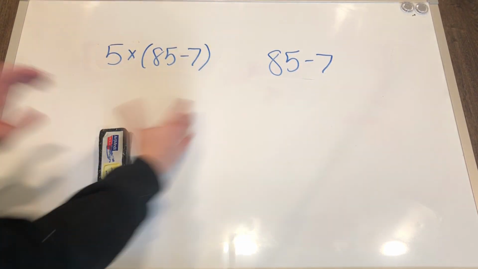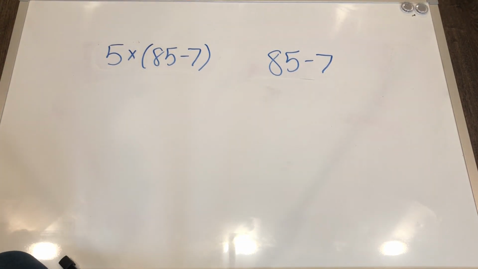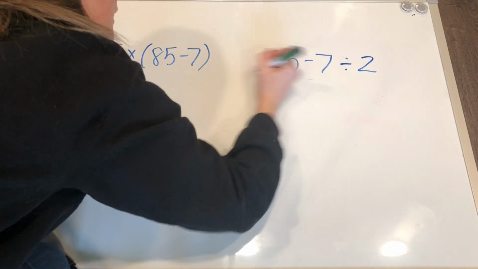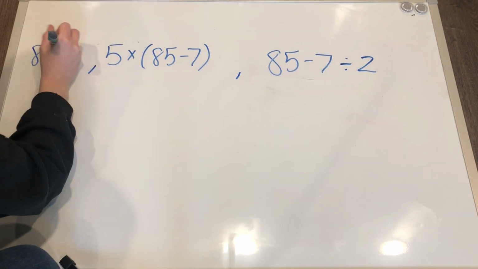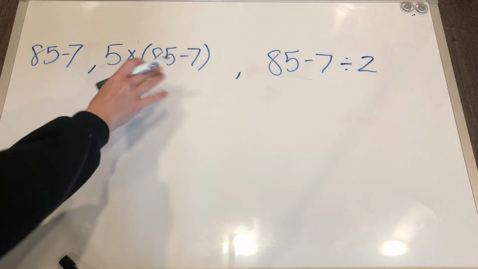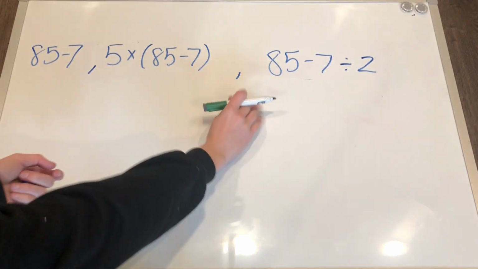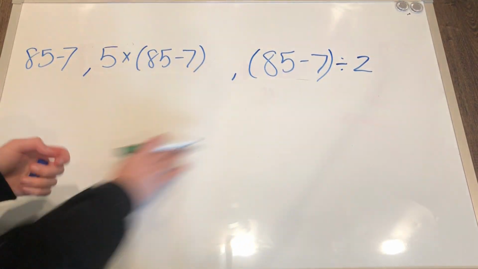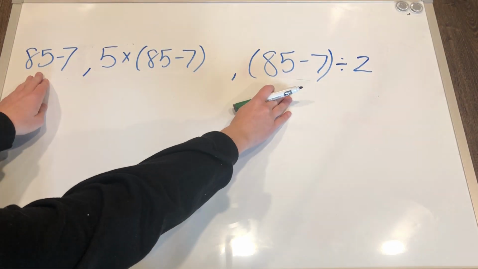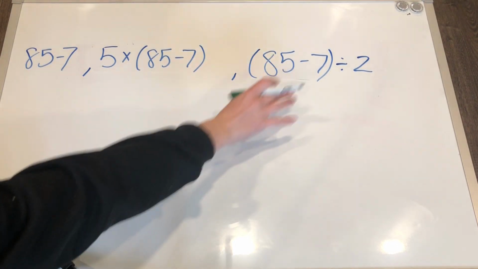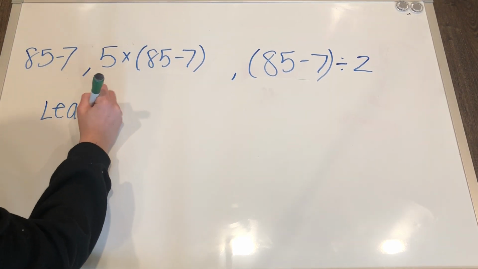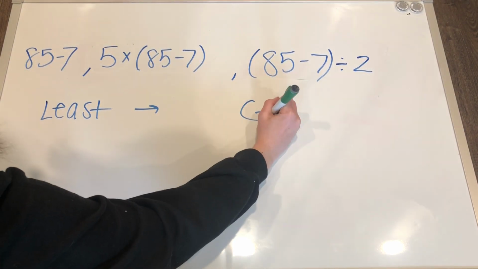I'm going to add in, okay, so now we have 3 expressions: 85 minus 7, 5 times 85 minus 7, and 85 minus 7 divided by 2. So we can see these are all the same. The only thing that's different is the outside portions for those 2. So let's rank this from least to greatest.